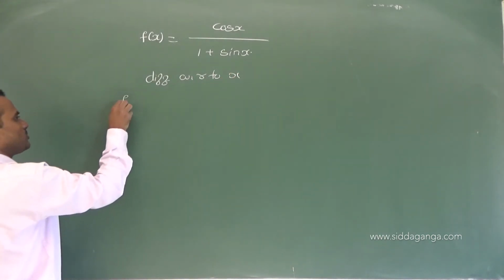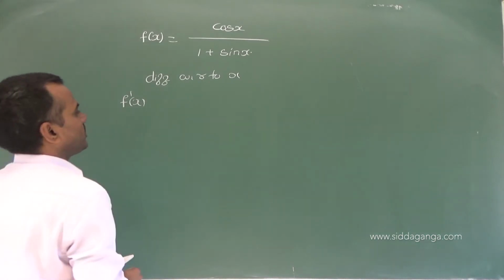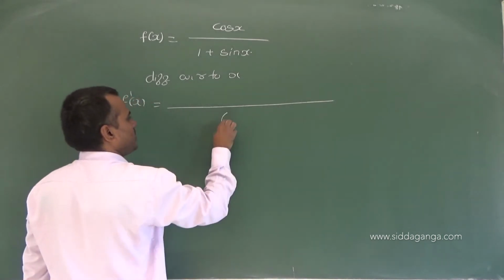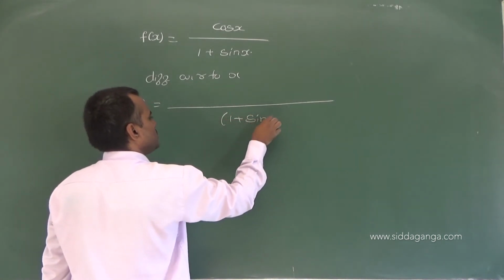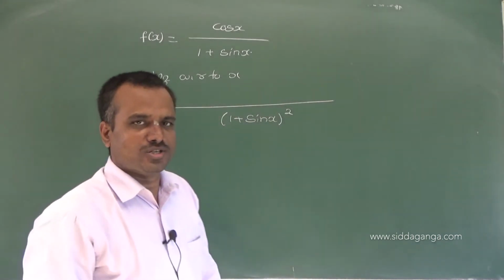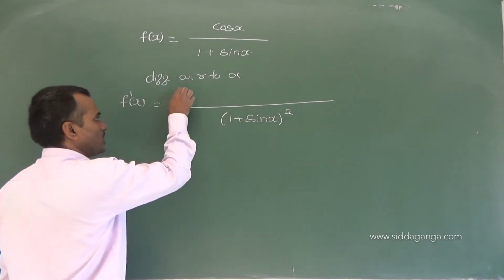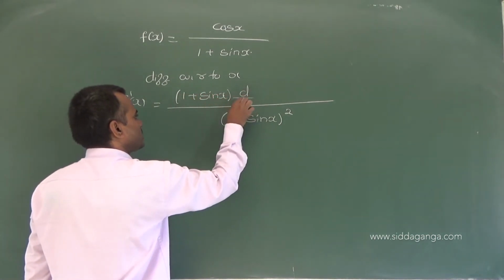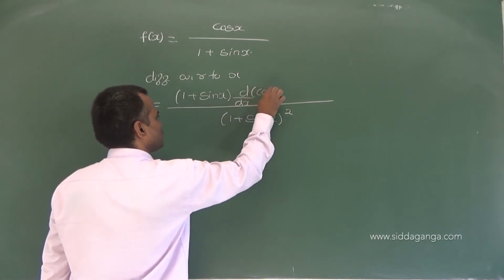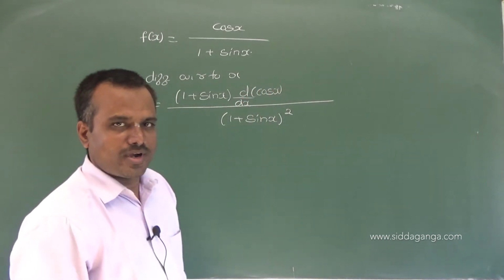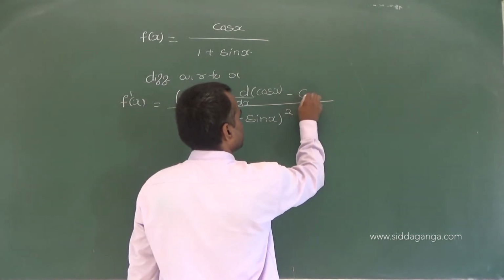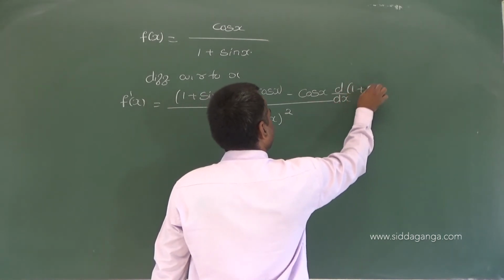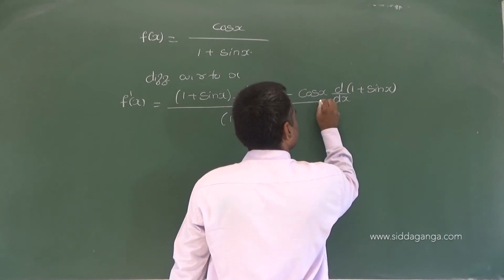So d by dx of f of x is f dash of x. According to the quotient rule, denominator square, 1 plus sin x whole square. Correct? 1 plus sin x whole square. 1 plus sin x, d by dx of numerator cos x, d by dx of cos x, minus cos x into 1 plus sin x.